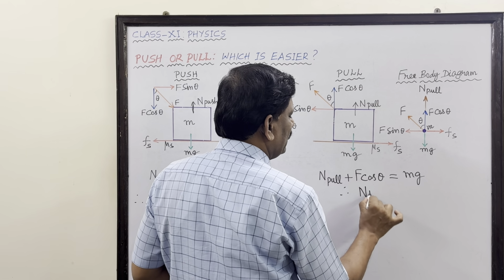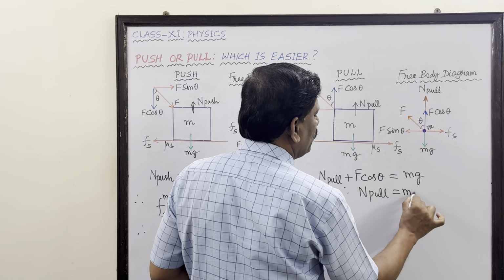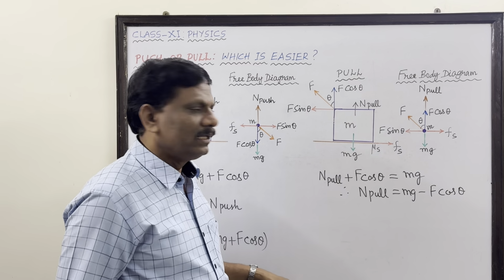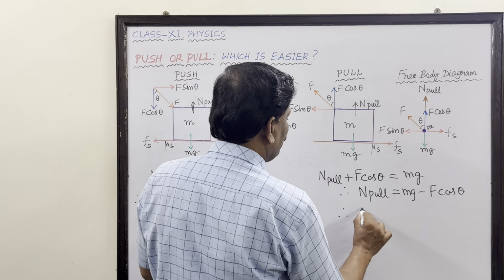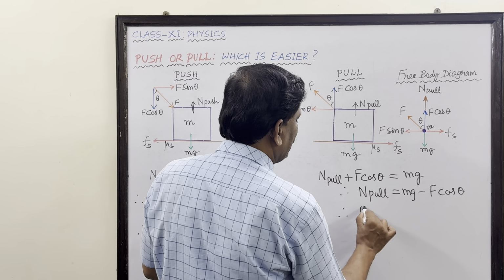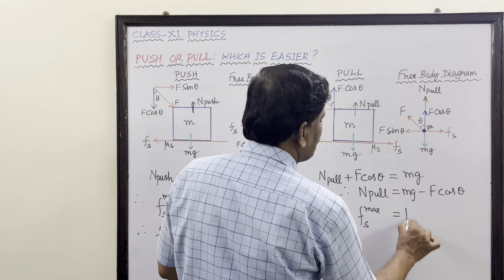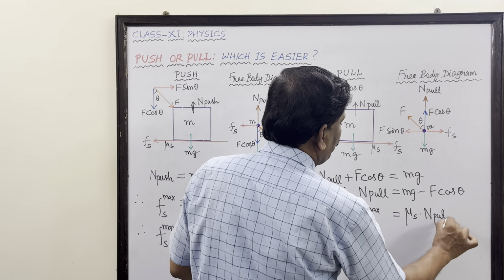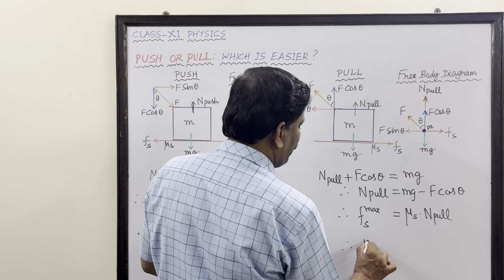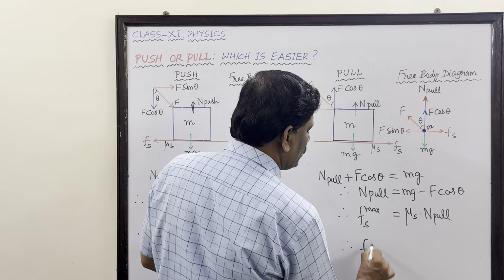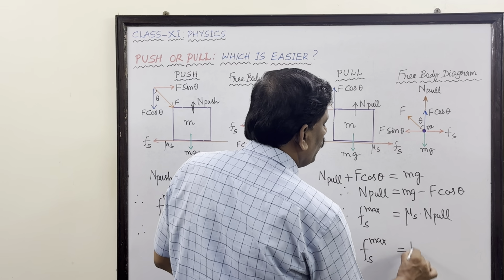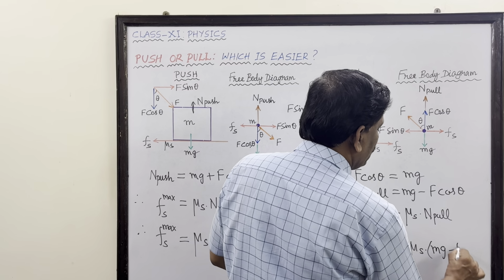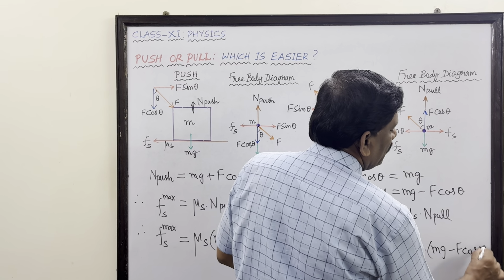Therefore N pull equals mg minus F cos theta. The maximum static frictional force Fs maximum is mu s into N pull, which is mu s into (mg minus F cos theta).